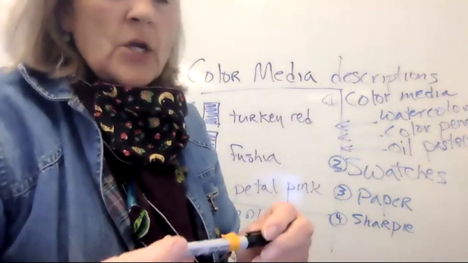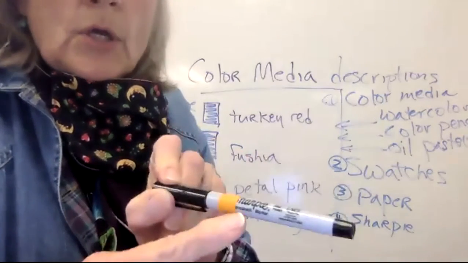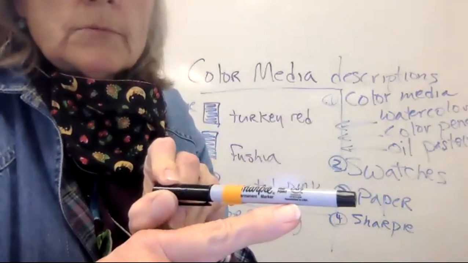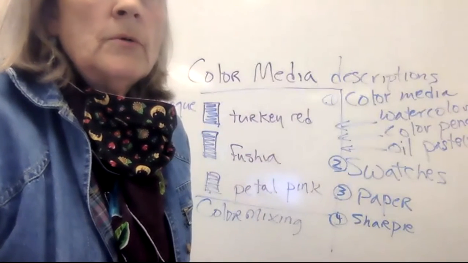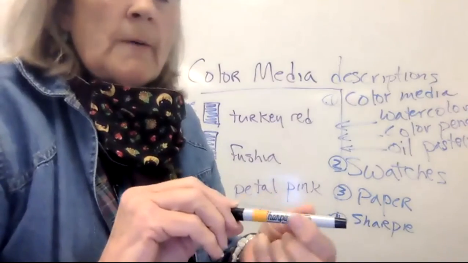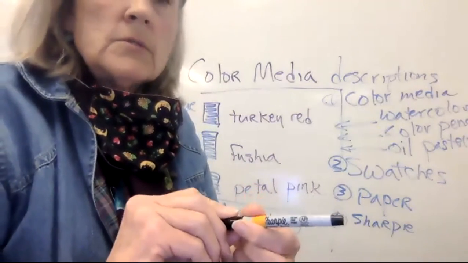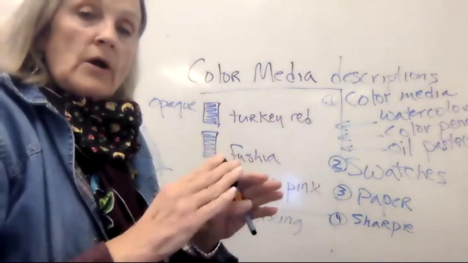So here's the thing about Sharpie that's really critical. Permanent marker. Because you don't want something that's going to move around. If you want to do a line on something, you don't want it to move around afterwards.